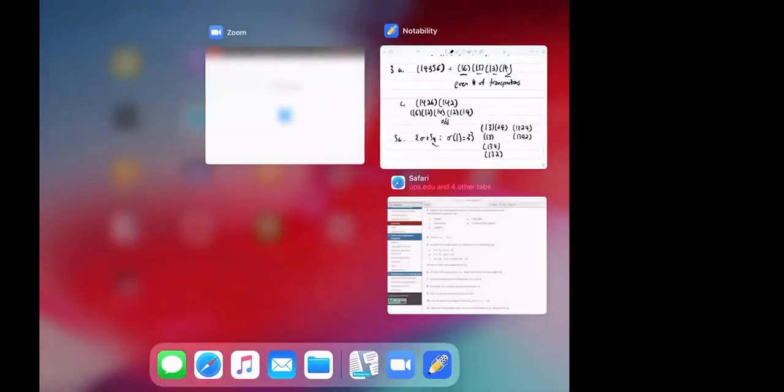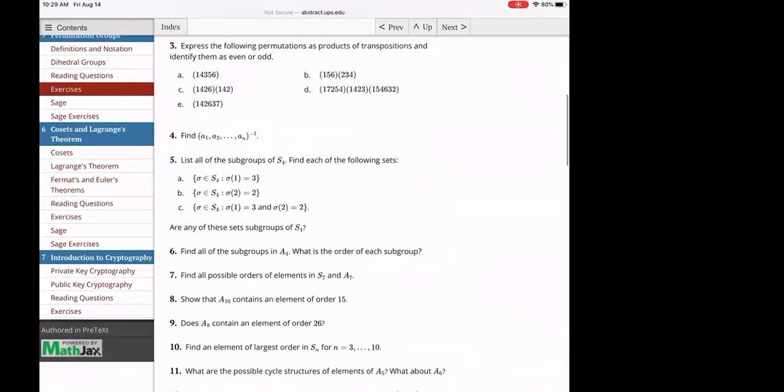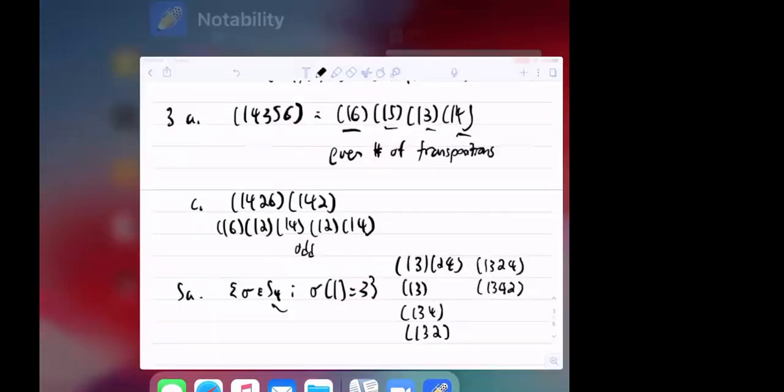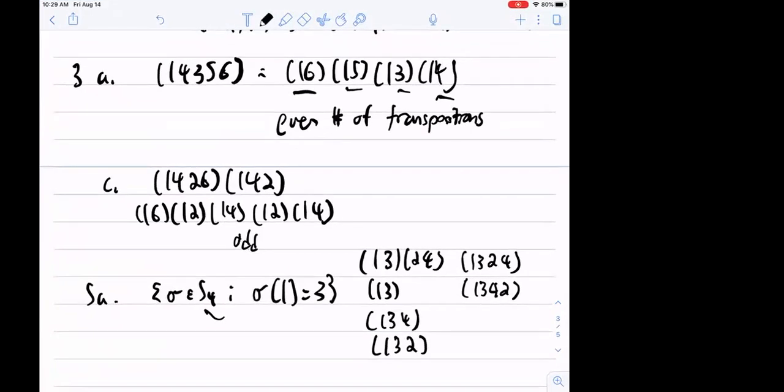So question, is this a group? Is 5A a group? This is actually a very easy question.